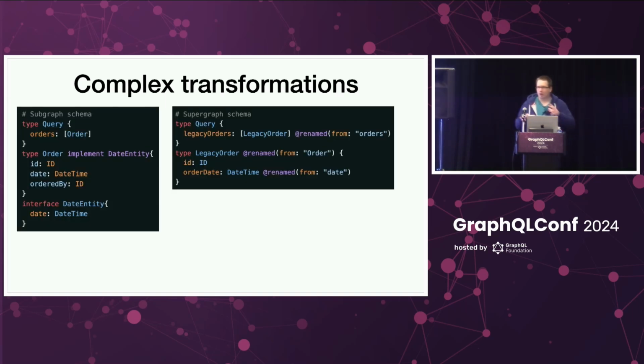Okay, one important aspect of all of this is why we did this: we wanted the ability to change the subgraph API to a different, transformed API when exposing it to the supergraph.